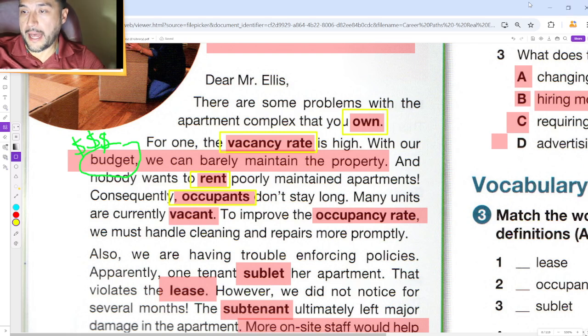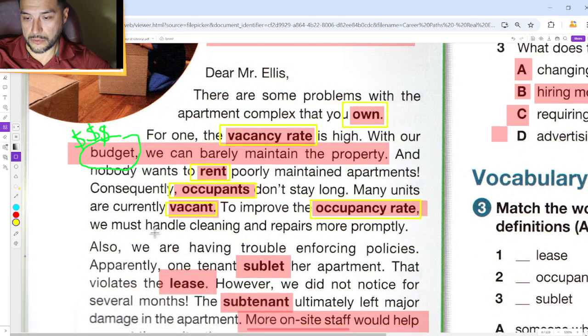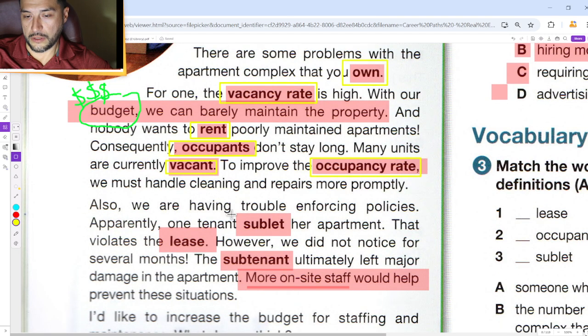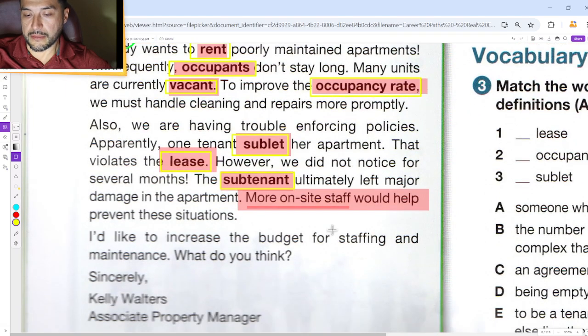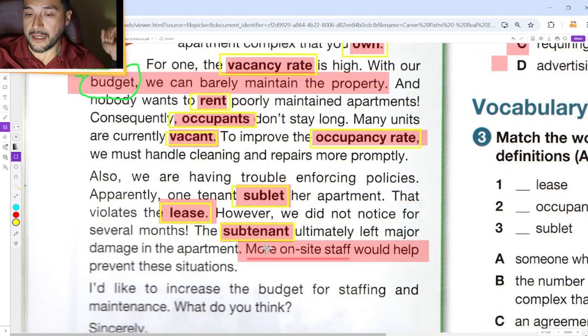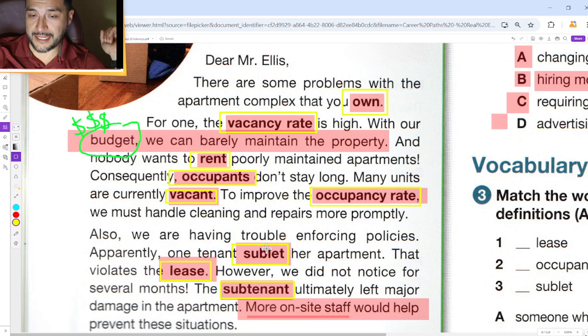And we got number 5, vacant. 6, occupancy rate. 7, sublet. Lease. Subtenant. And that's it. 1, 2, 3, 4, 5, 6, 7, 8, 9.